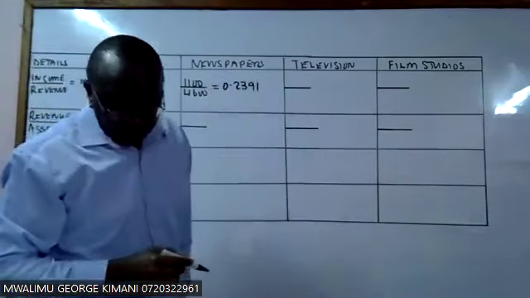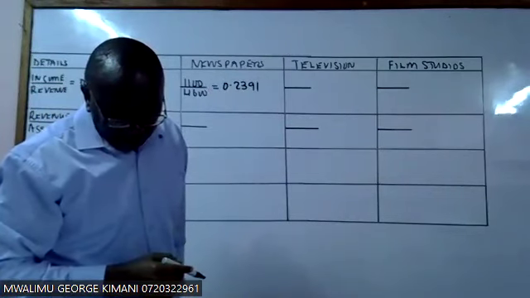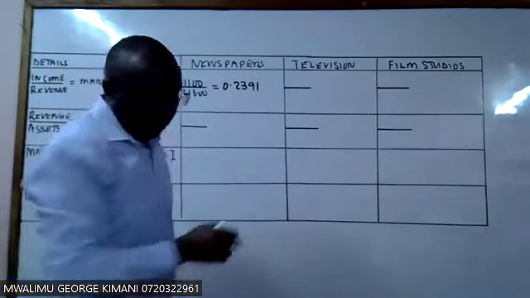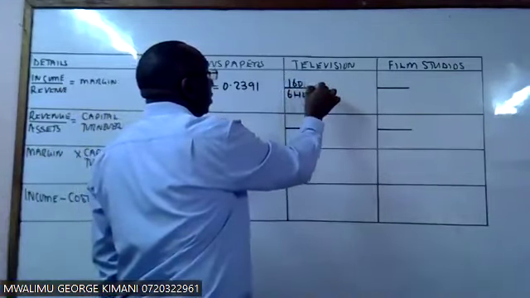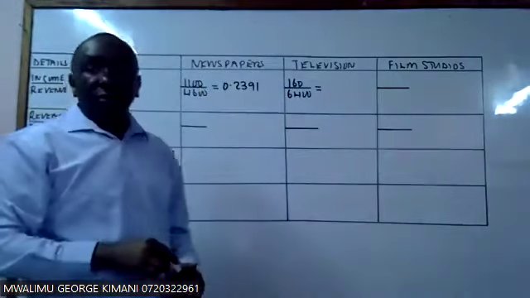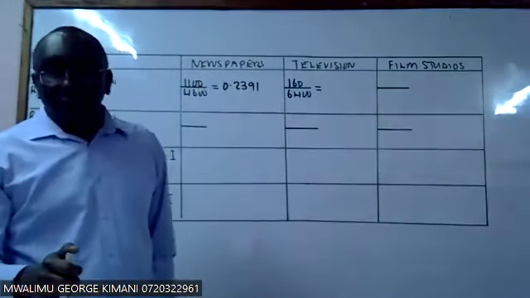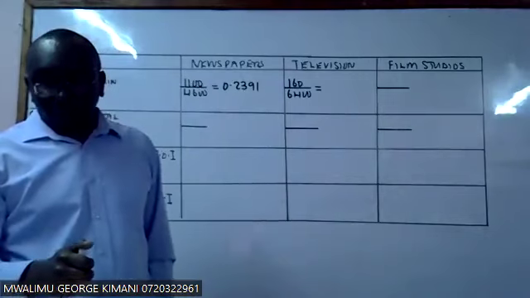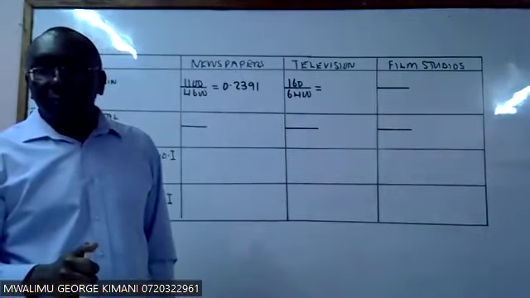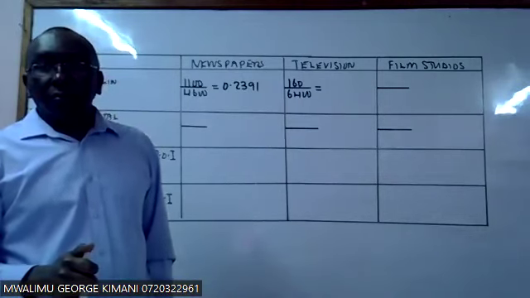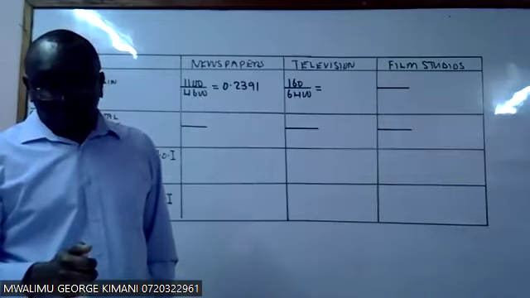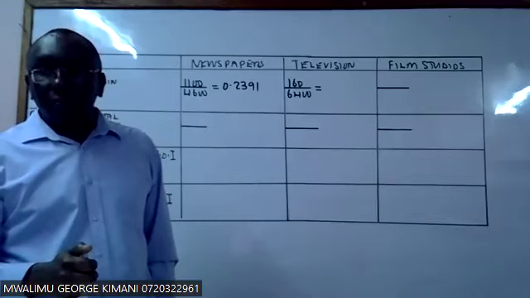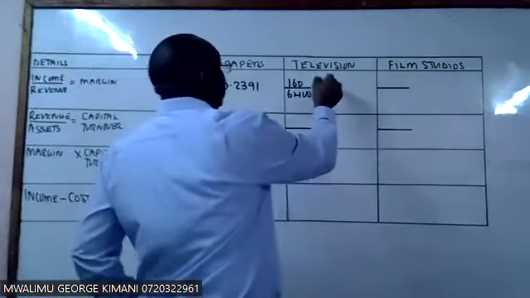When we go to TV, the income is 160 and the revenue is 6,400. So again, give me to 4 decimals. 0.025.